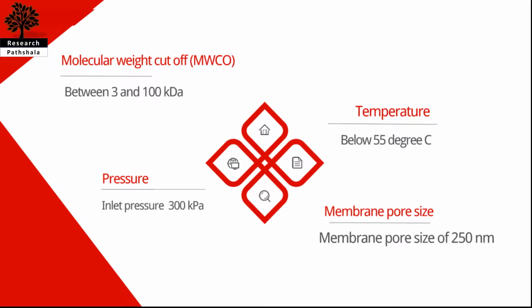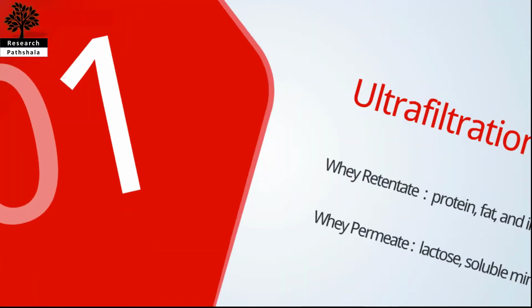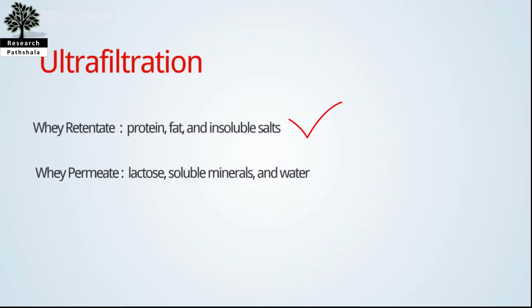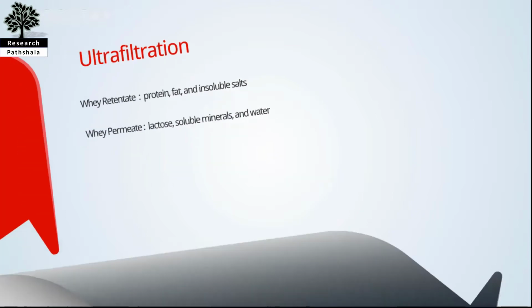Whey separation by ultrafiltration is normally performed at a temperature below 55 degrees Celsius with an inlet pressure of around 300 kilopascal and a membrane pore size of 250 nanometer. The whey retentate consists of the proteins, fats and the insoluble salts, whereas the lactose, soluble minerals and much of the water are in the permeate part.